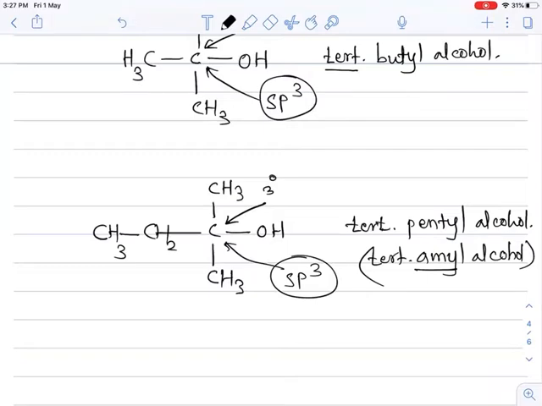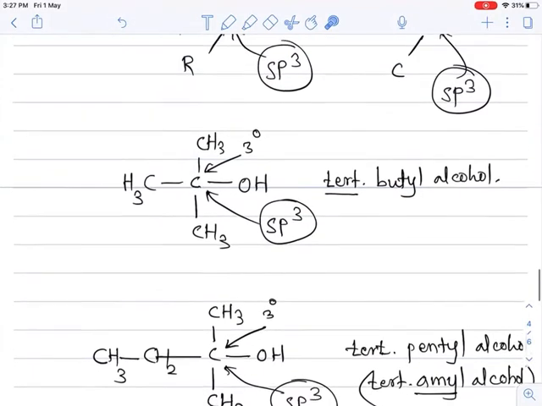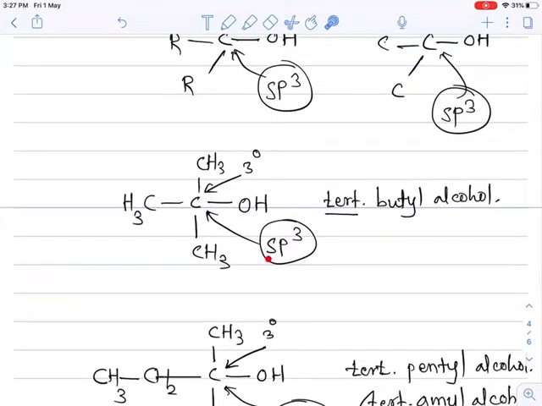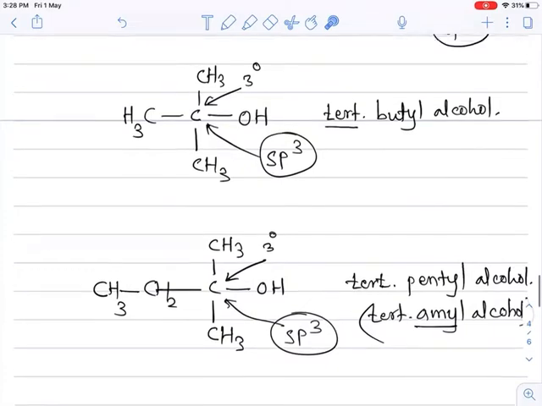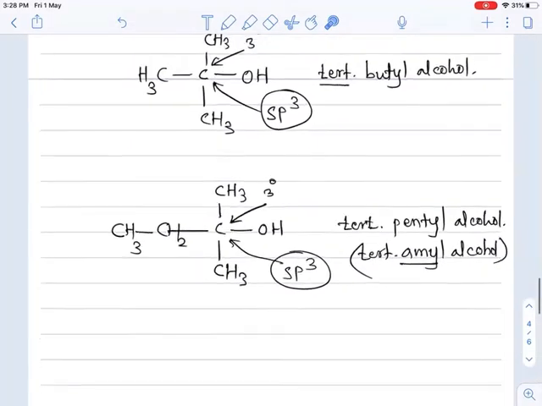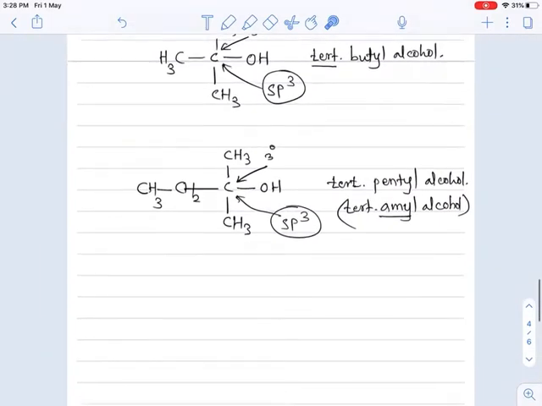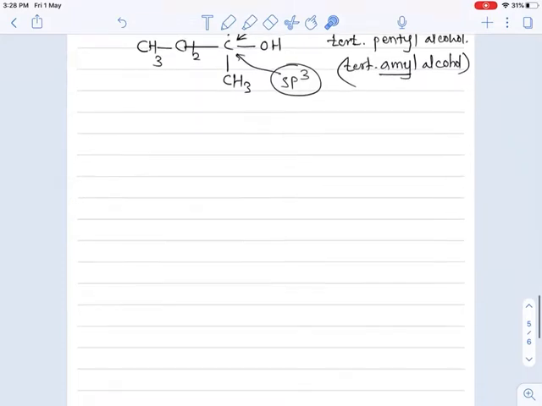Both are which type of alcohols? sp3 hybridized alcohols. This is also sp3 hybridized because the carbon completes its 4 valency by 4 single covalent bonds. Okay, now this is about the aliphatic alcohols, which are further classified into primary, secondary and tertiary.